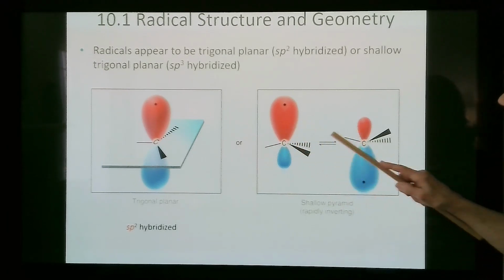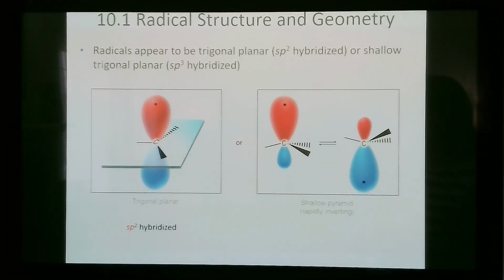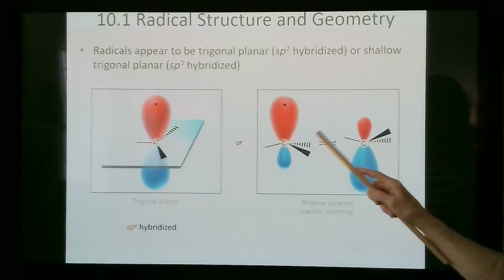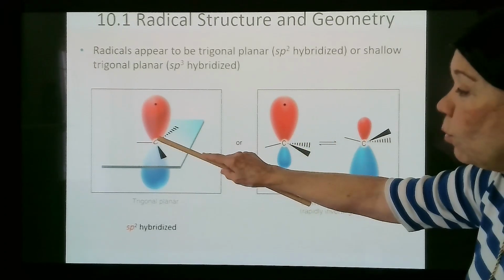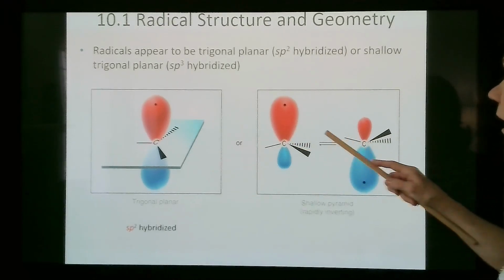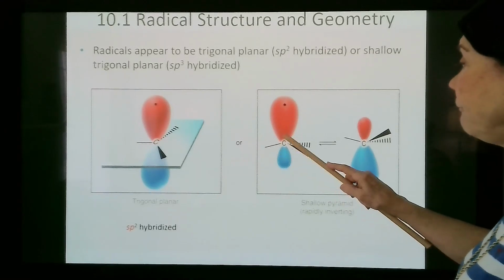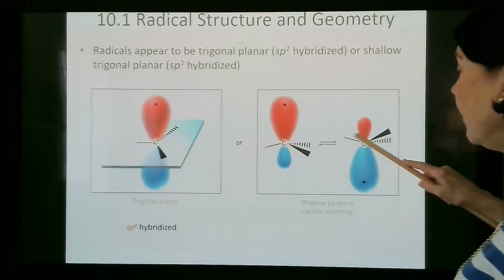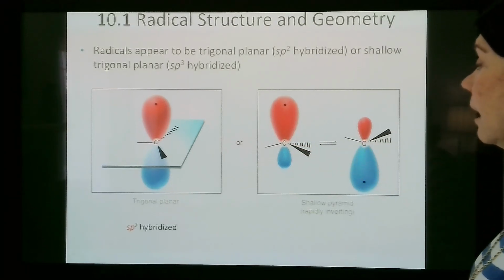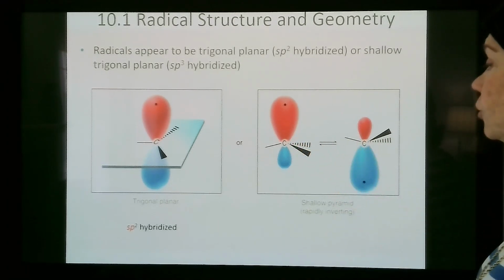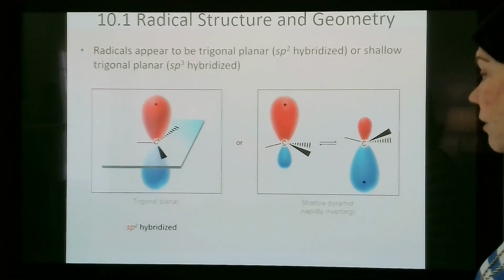And these can interconvert very easily, and so you won't have any stereochemistry preserved. This essentially functions as if it were planar, because the interconversion, the flipping of the carbon, the stereochemistry flips so rapidly that you don't have any stereochemistry preserved there.